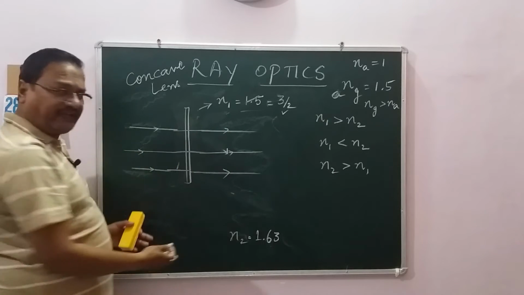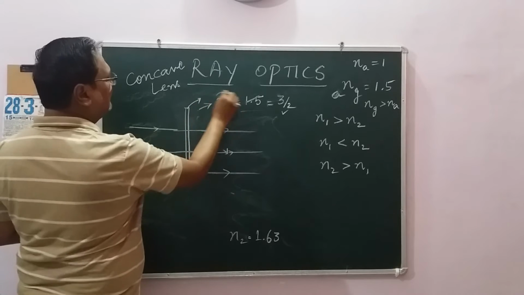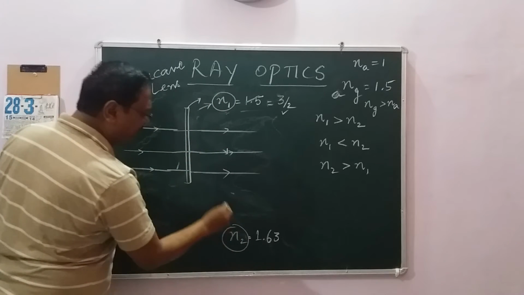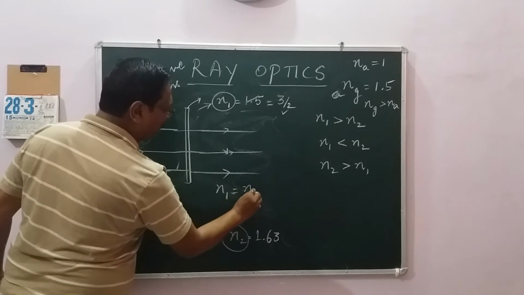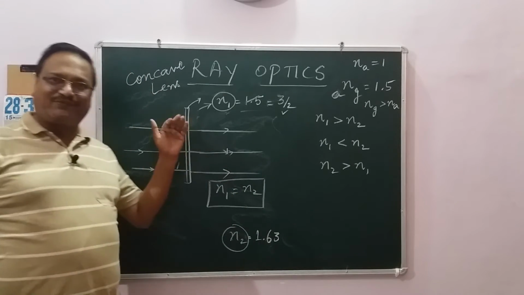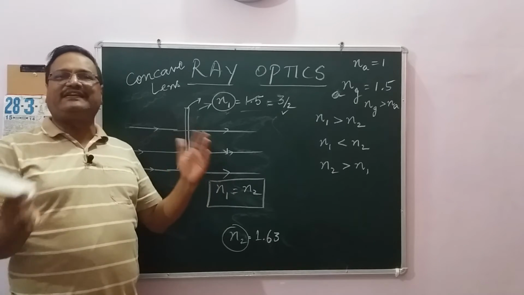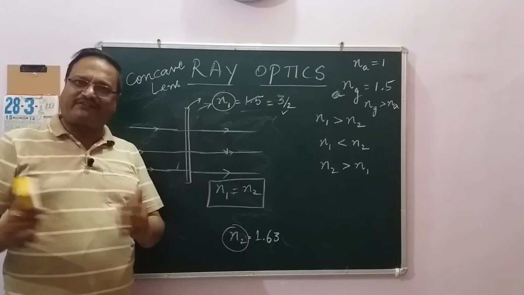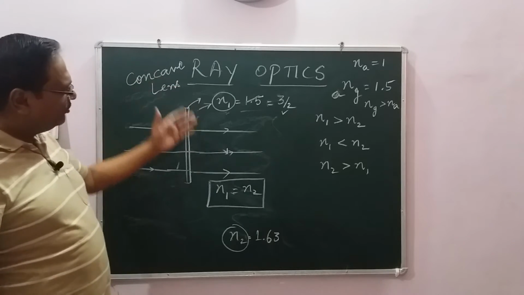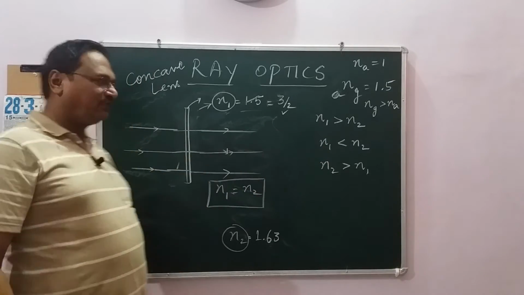When it behaves like a plate, the refractive index of the lens and the refractive index of the medium are equal, n1 equals n2. In such cases, there is no converging or diverging. That will happen only when there are different refractive indices. Here both of them are the same, so it will behave like a plate.